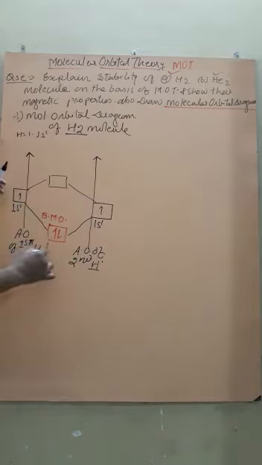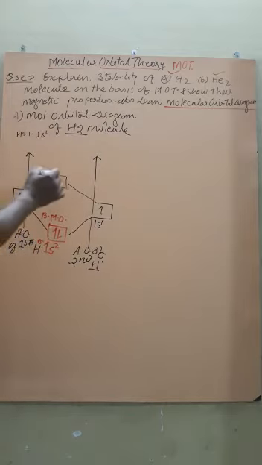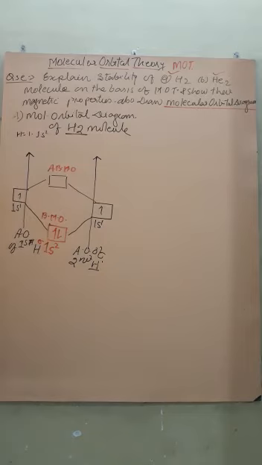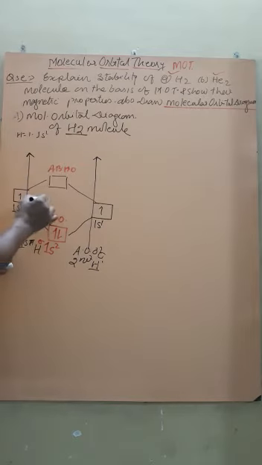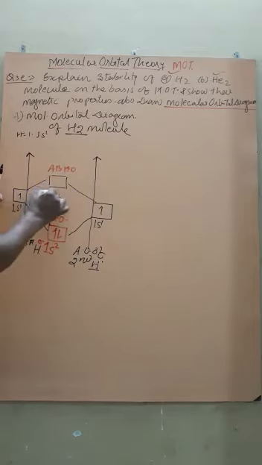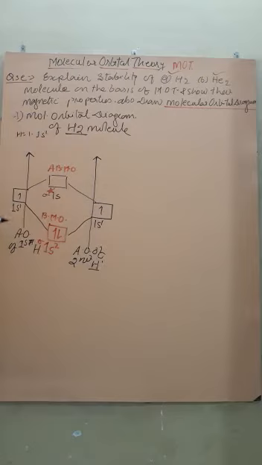Its name will be sigma 1s, and now the electrons are 2, denoted by sigma. That is the strong sigma bond. But in the anti-bonding molecular orbital, there is no electron, so you need not write anything. Otherwise, if you have to write, you write sigma star 1s without electrons, shown by the star sign. This is about hydrogen.